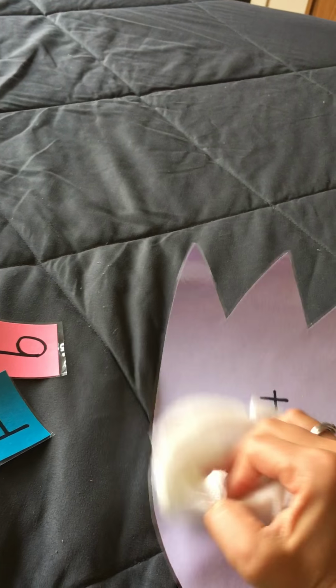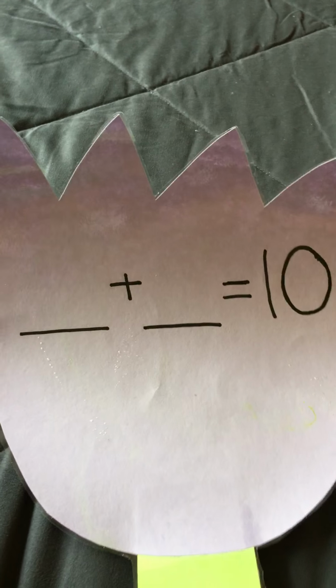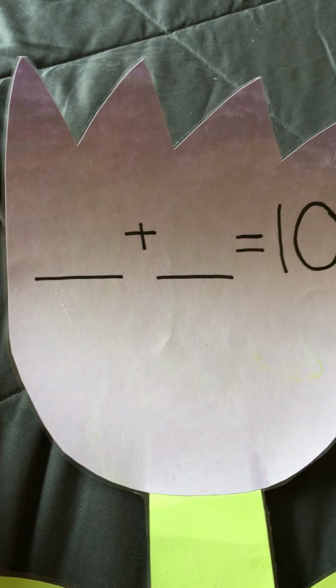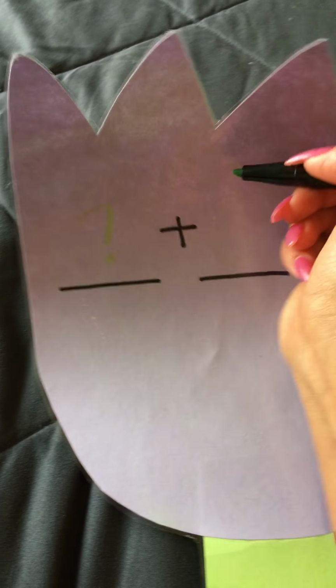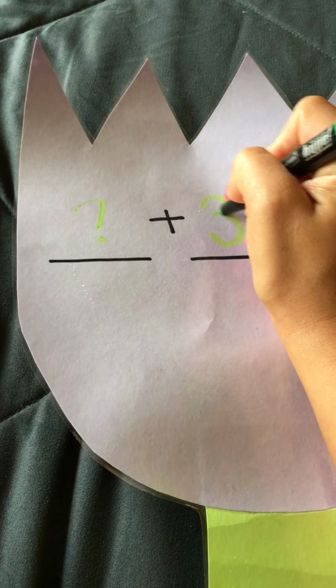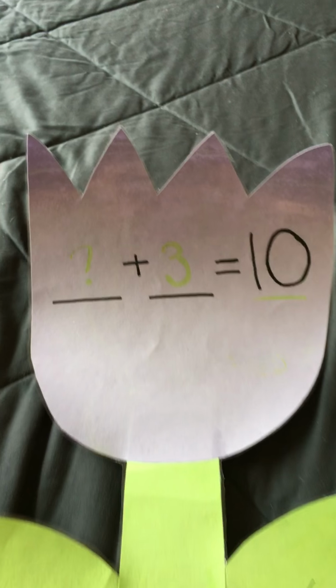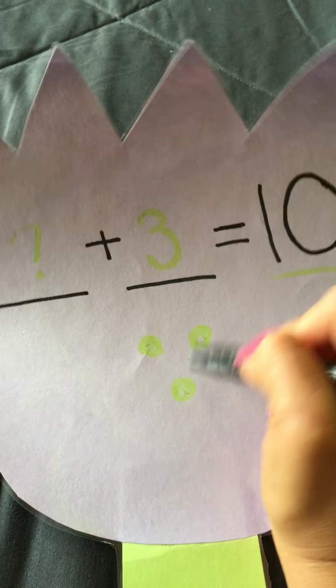And I think this time we're going to solve it for what plus 3 equals 10. So again, my numbers aren't sticking, so I'm going to draw it right here. What plus 3 equals the number 10? Like we did last time, I'm going to draw 3 dots. 1, 2, 3.